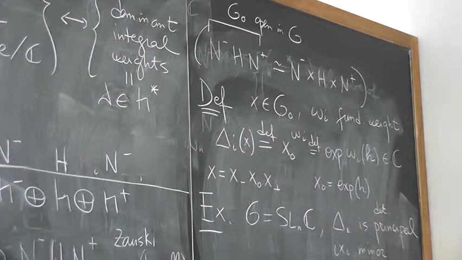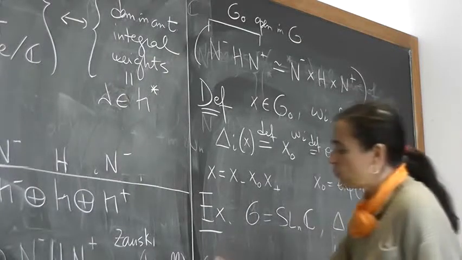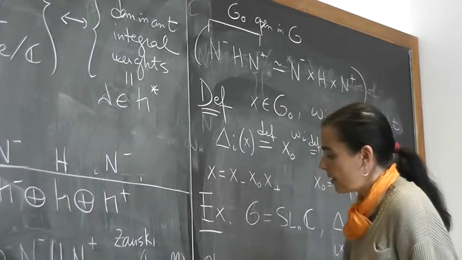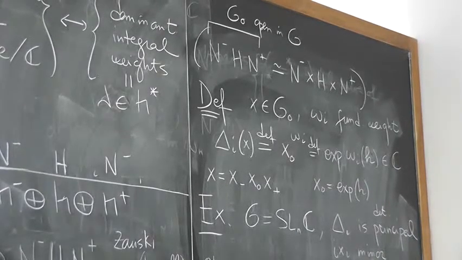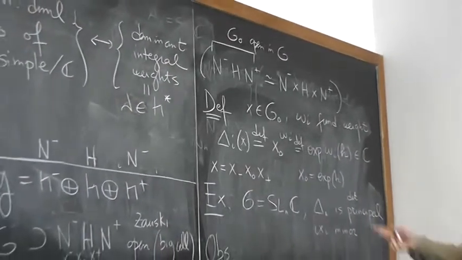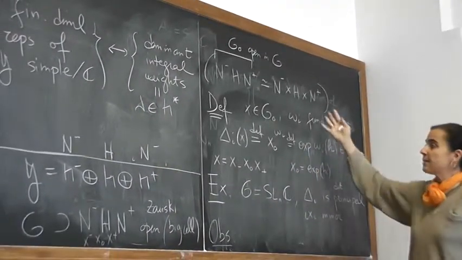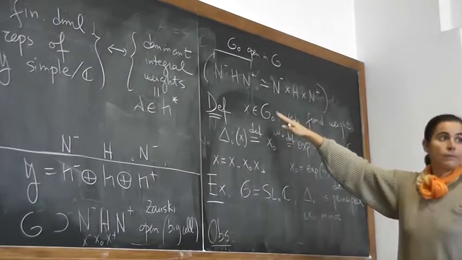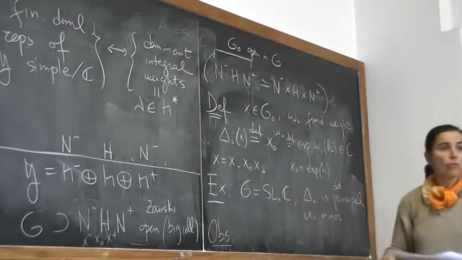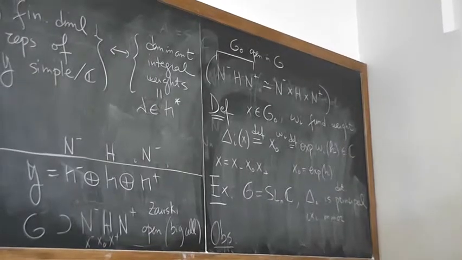So he makes an observation. Let me say the exact phrase: he says this is a regular function, defined on G0. I think by regular functions he means an algebraic function.